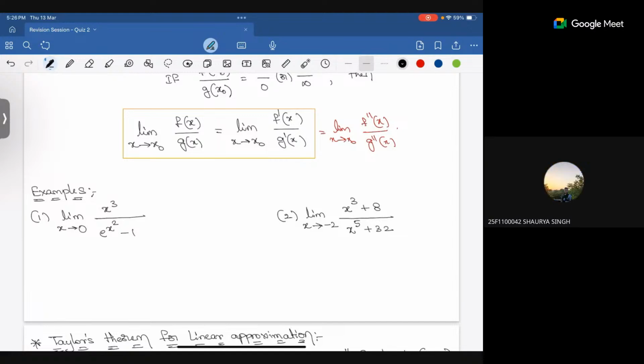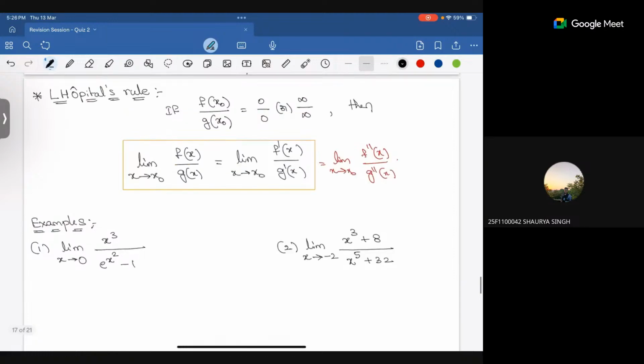Sir, I have a question. L'Hopital's rule is basically applied in sequences and series. In Taylor expansion, is L'Hopital's the best option or not?